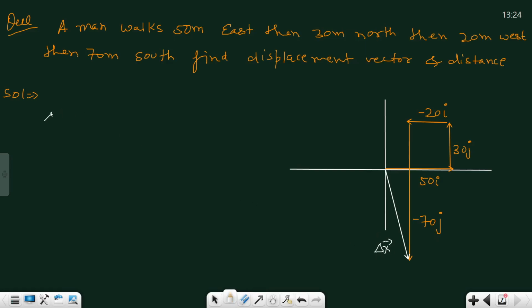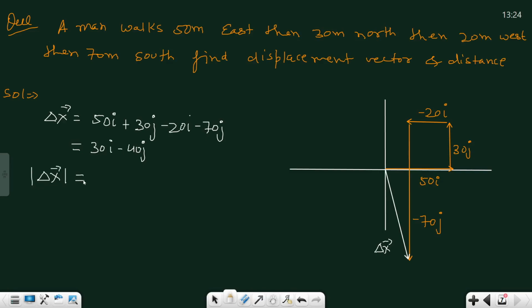So delta x is simple: initially 50 east, so 50i, then 30 north, 30j, then minus 20i, minus 70j. So final answer is 30i minus 40j. Clear?